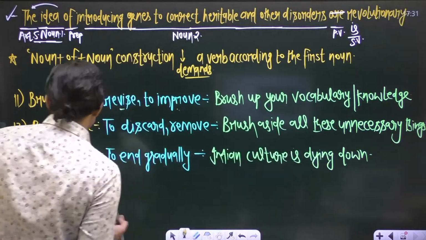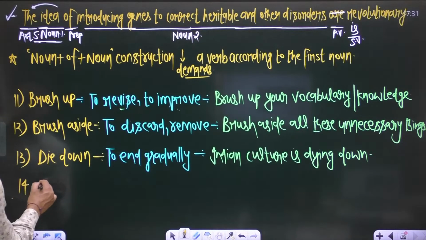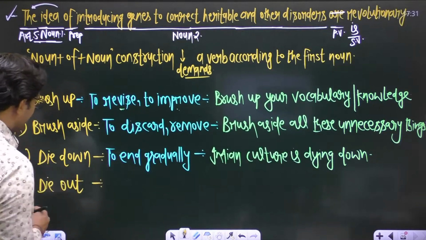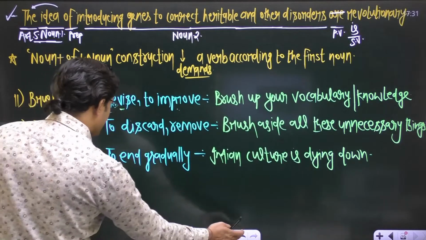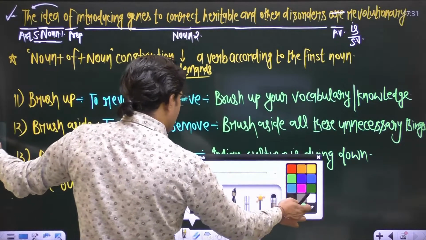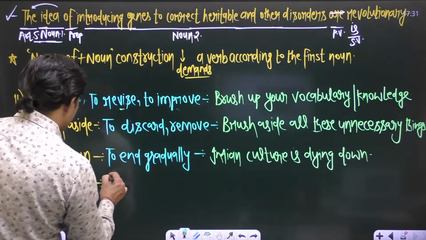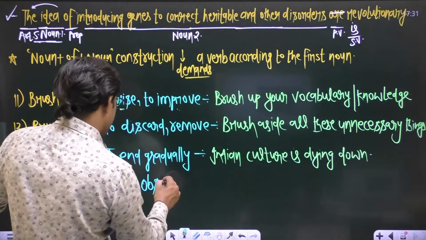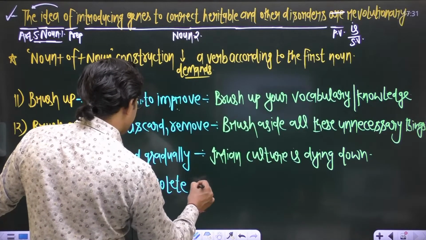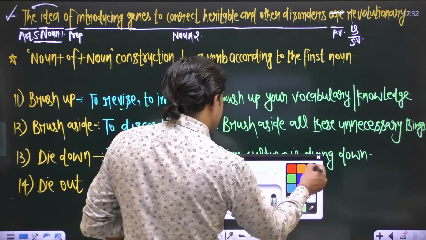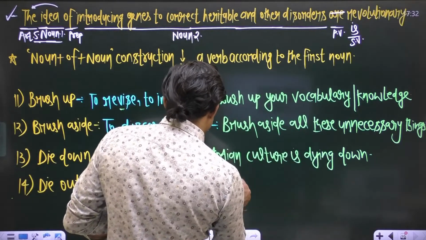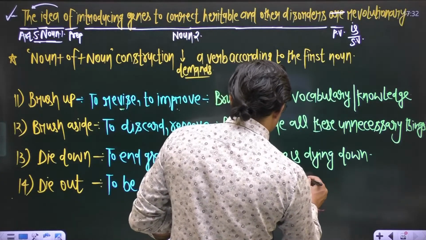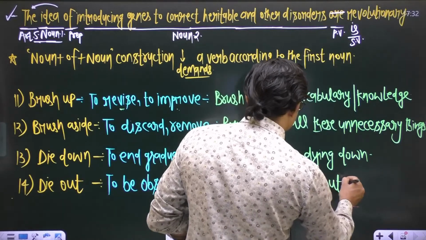Next phrasal verb is die out. Die out means to be obsolete, or you can say to disappear. For example, I can say some birds have died out, right?